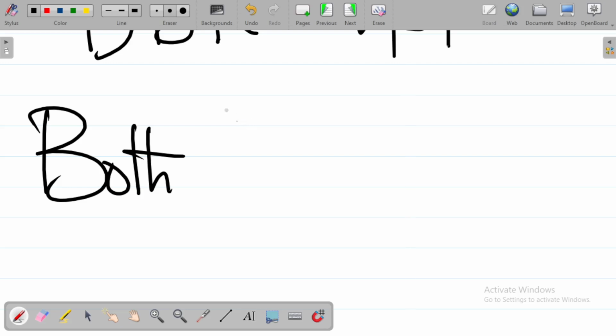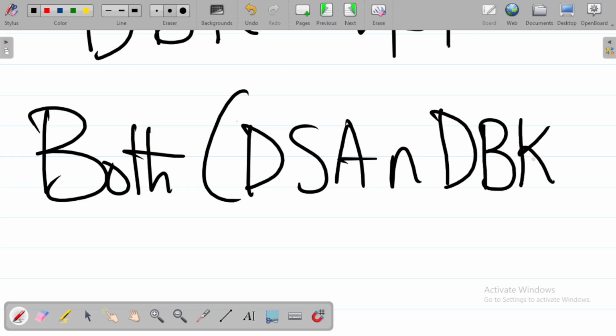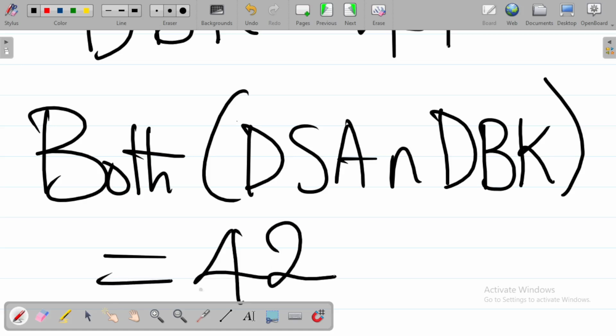So let's call it both DSA and DBK. So both DSA and DBK is equal to 42 voters.